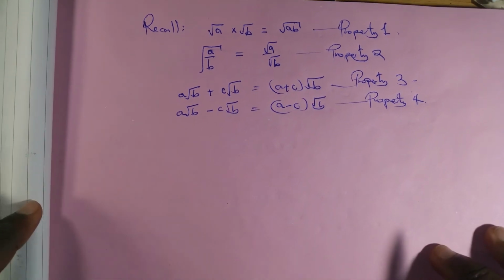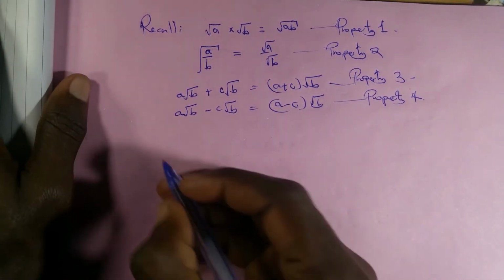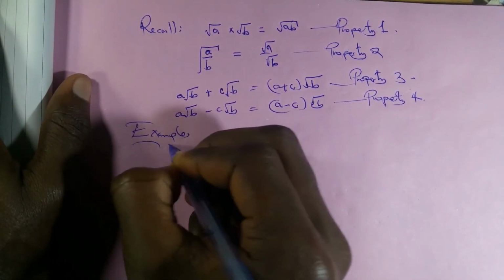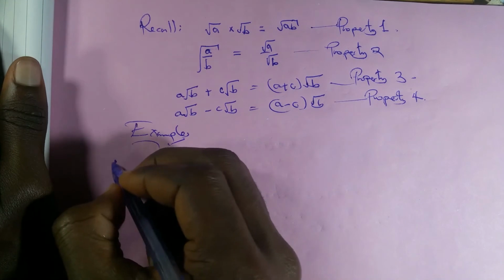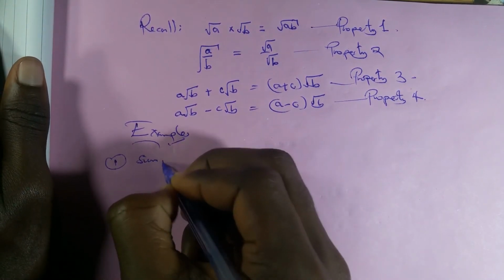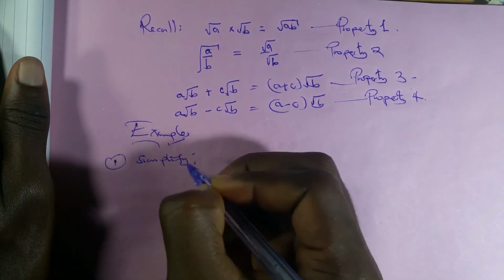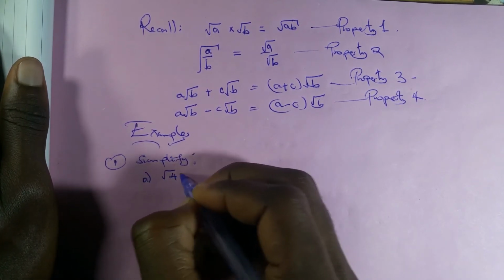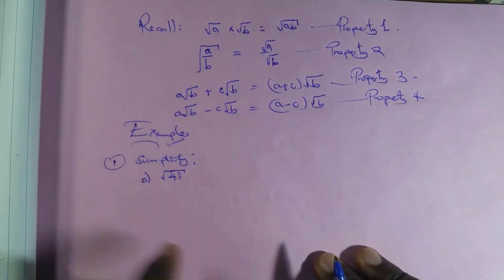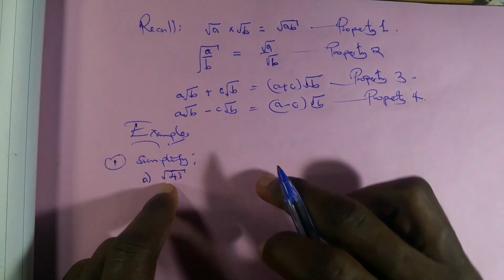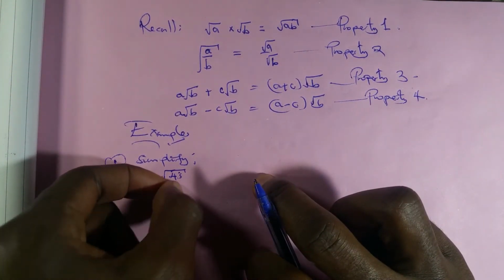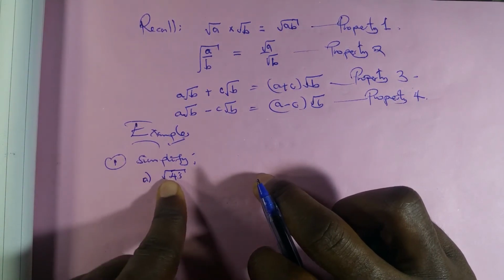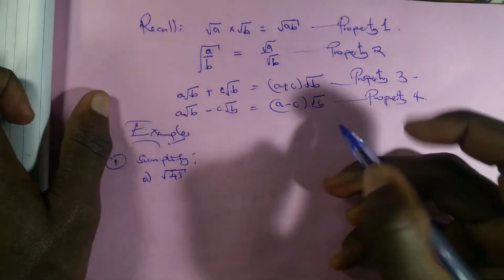Let us check on some simple review questions. Simplify (a) root of 45. To simplify this, we are looking for a square inside 45, so we look at those squares which are factors of 45.